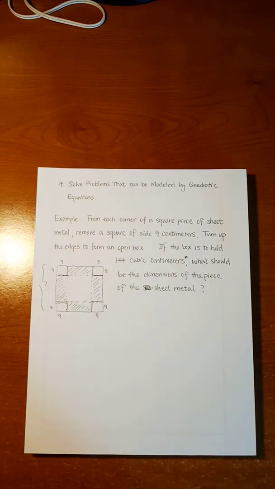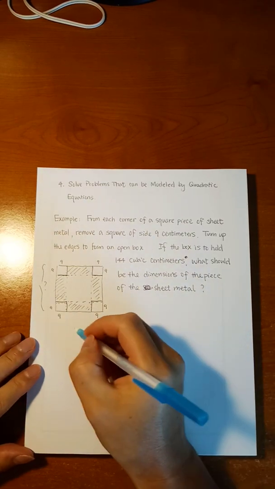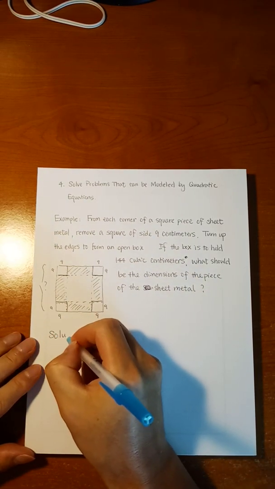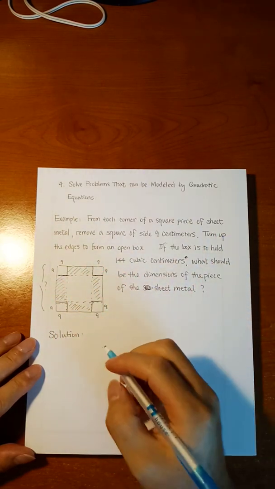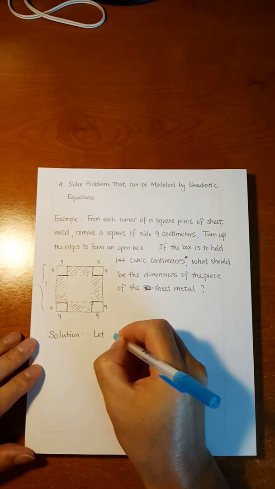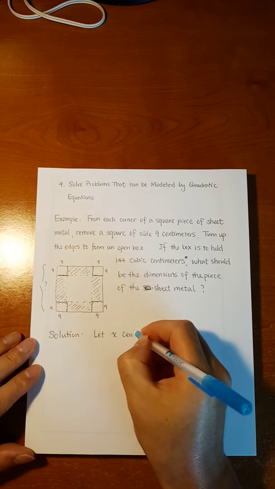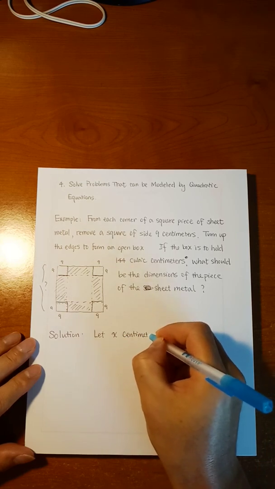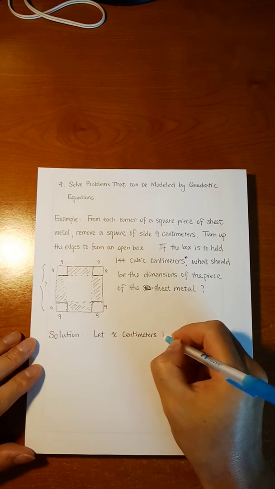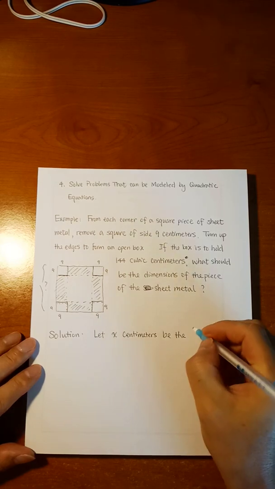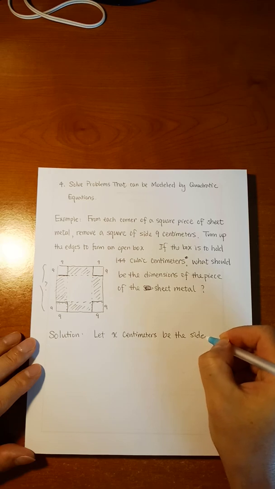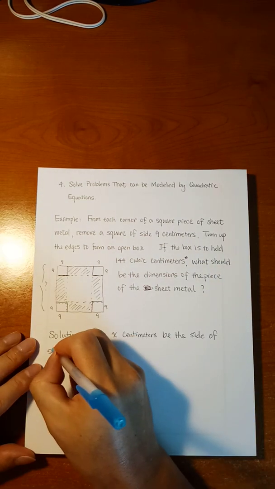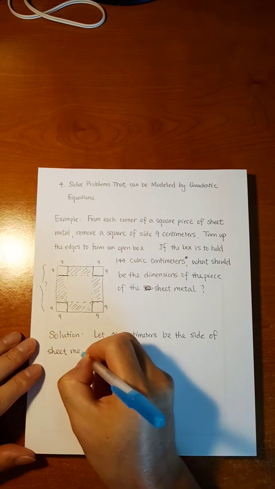Okay, very good. Let's check. We're looking for the side of this square piece of sheet metal. So let x centimeters be the side of sheet metal.